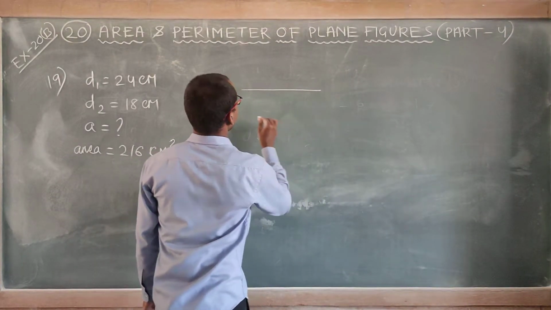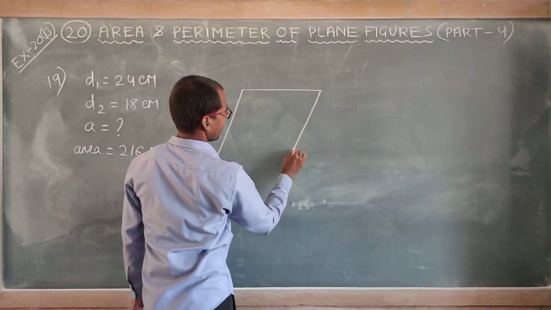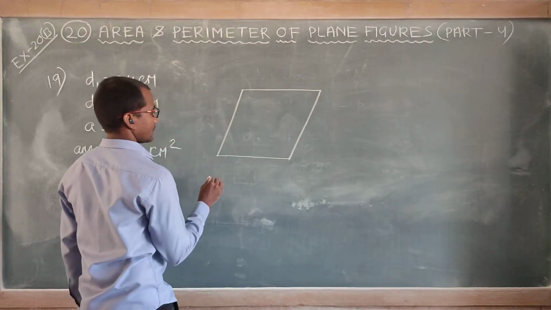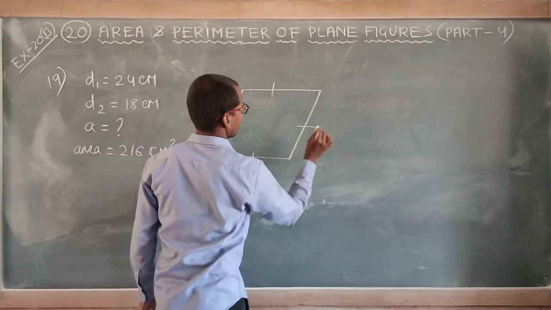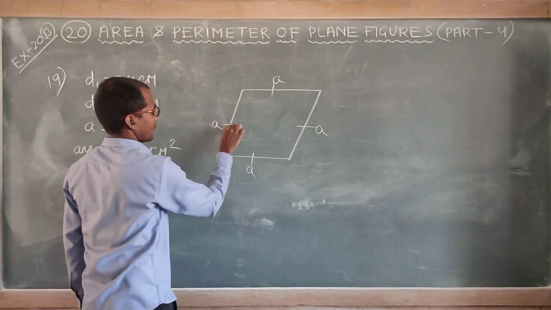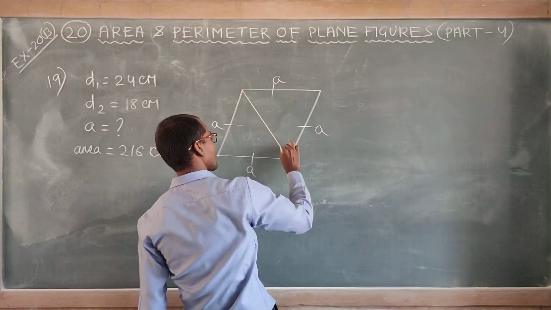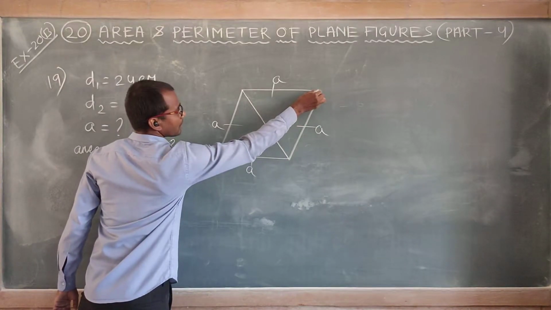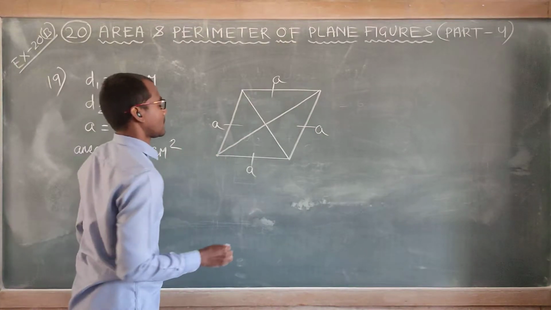Suppose this is a rhombus. All the sides are equal. Let us join the opposite vertices to get the diagonals.